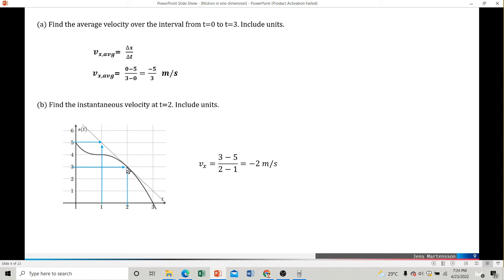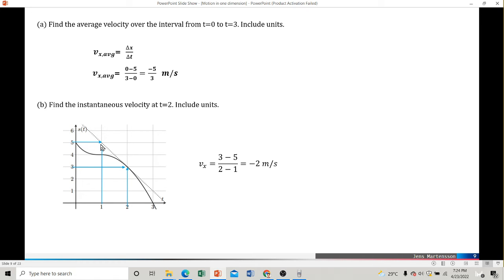So at t equals 2, in the figure shown, the tangent line at this point, at time equals 2, is at 3. And it also intersects at time equals 1, where the position is 5 meters. So we can use these two points.